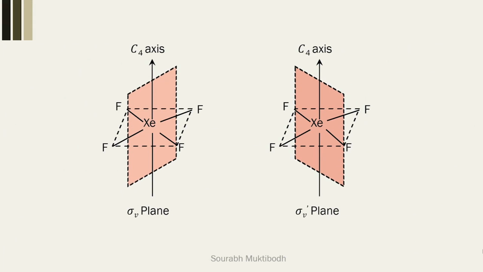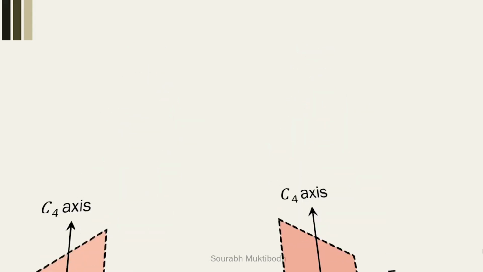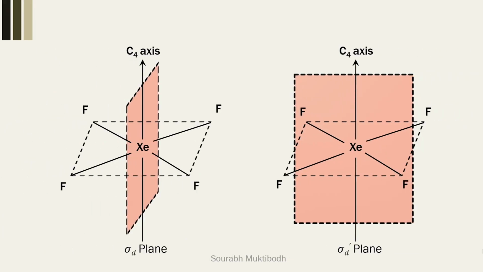The vertical planes, though they are collinear with the principal axis, contain as many bonds as they can. For example, here the fluorine-xenon-fluorine planes are contained in both cases. However, in the case of the dihedral plane, it is passing through the C4 axis, which is perpendicular, it is passing through the xenon atom only and is not containing any fluorine atoms.